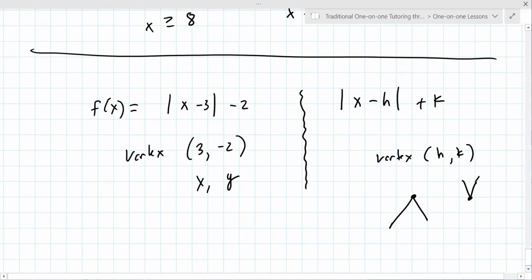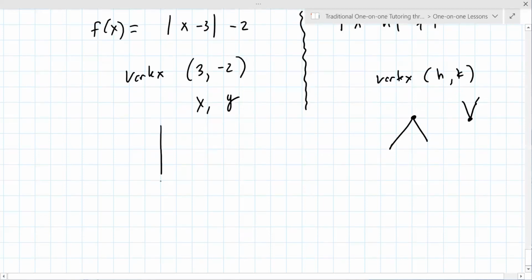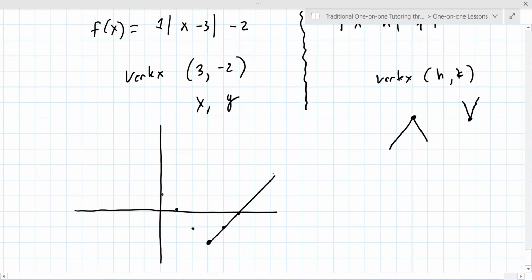So graphing, it's important here. We're going to go to 3, minus 2 right there. And because there's a 1 out front, that's your slope. And because it's an absolute value, it mirrors it. So you get a graph that looks like this.